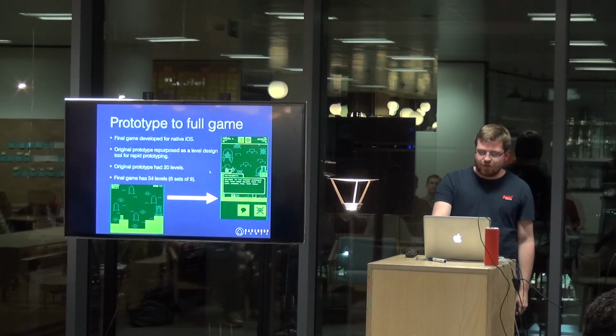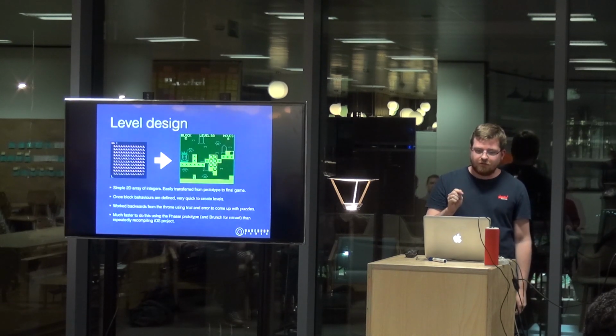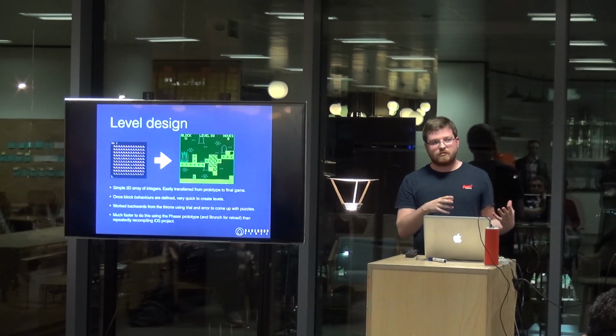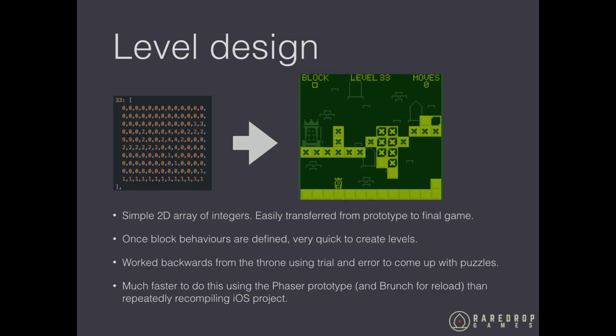So to do that, I continued using my Phaser prototype as a level design tool, because of how fast it was to iterate. Much faster for me to just change the code for the levels, refresh the browser, and test the level out, than it was to constantly recompile my native code project, my Xcode project.